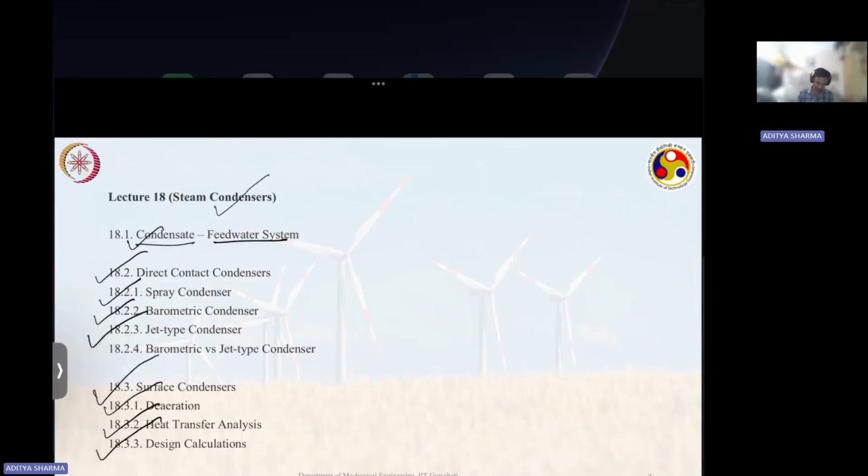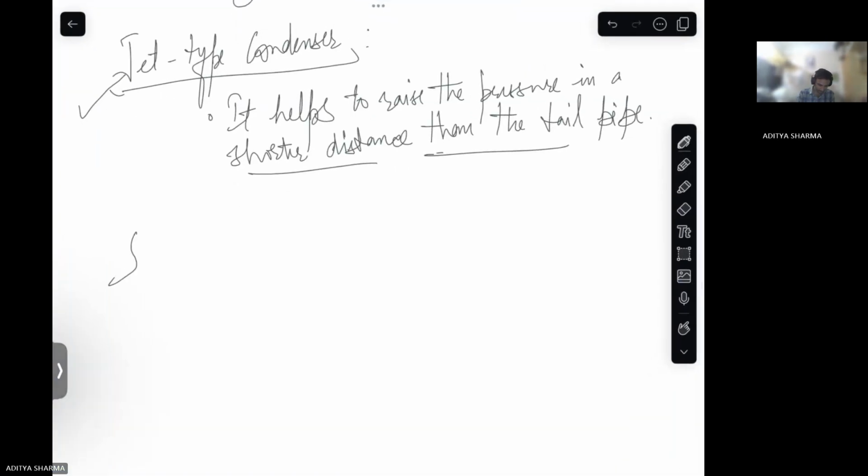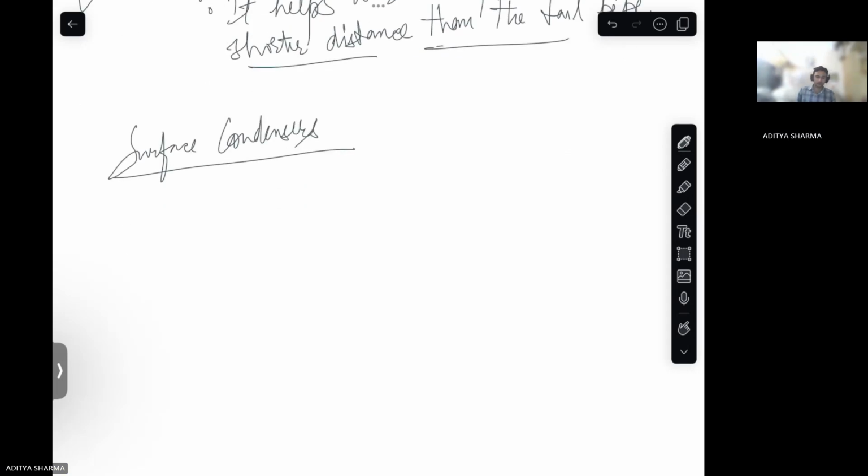Then is your surface condenser. So it is a shell and tube type condenser.